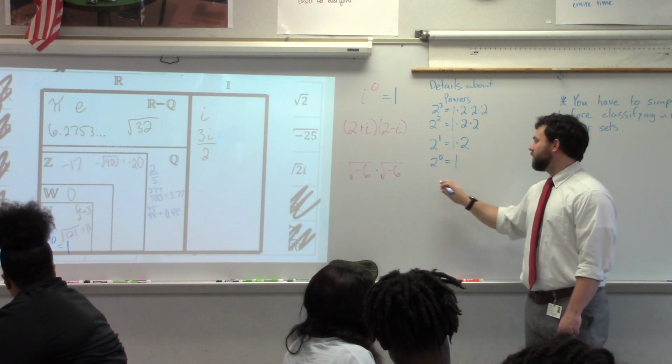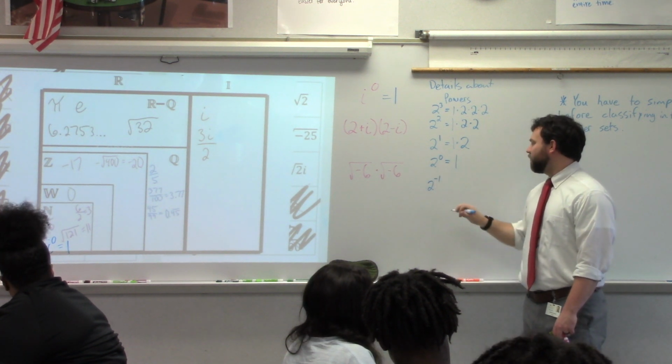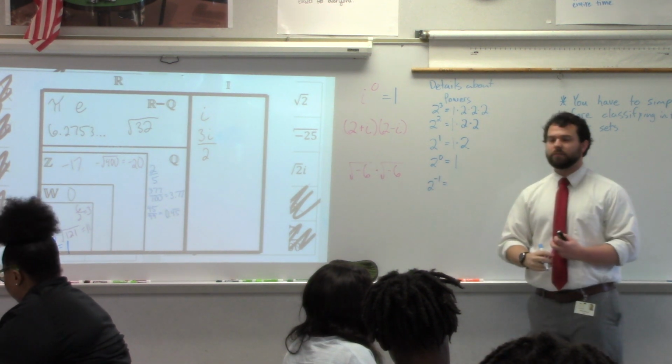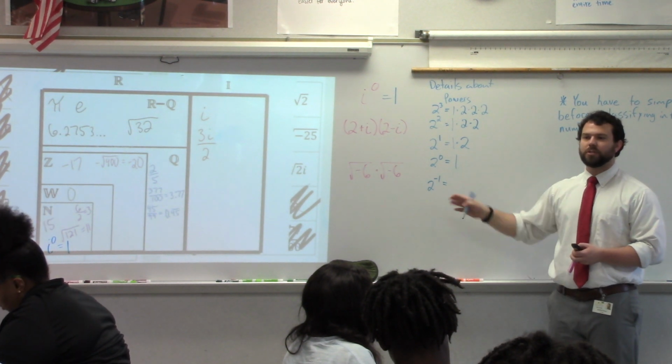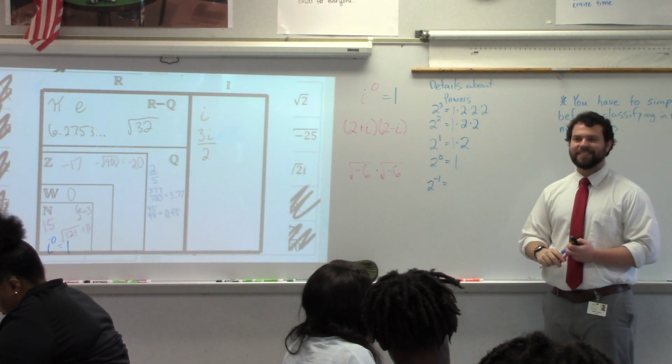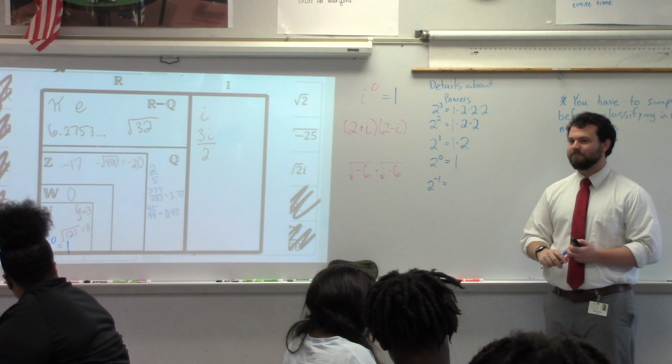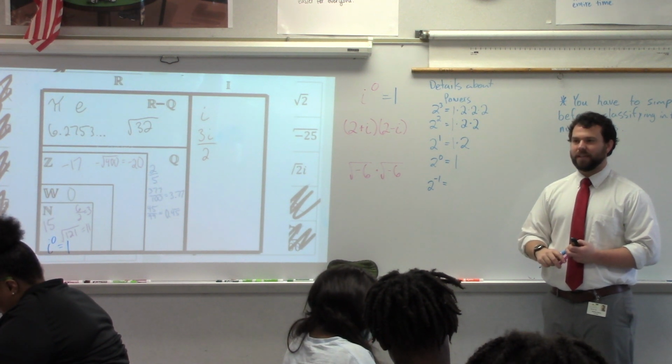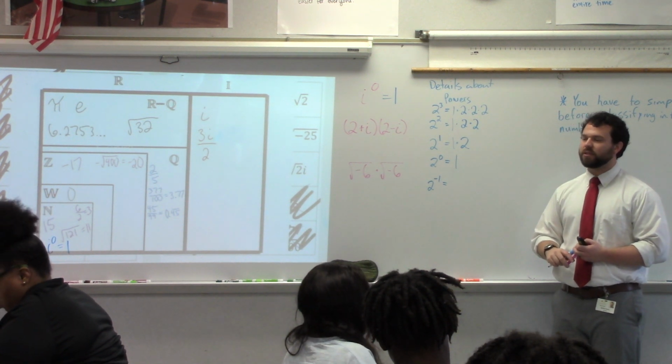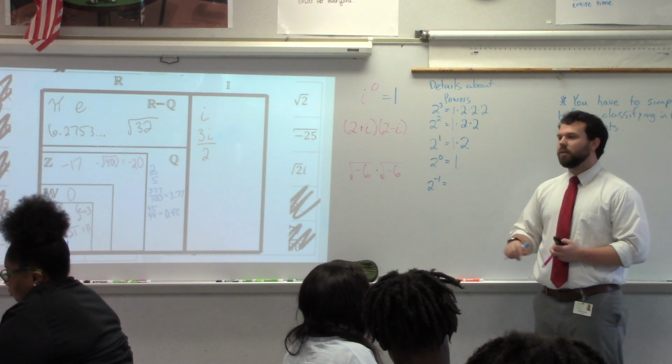This also explains why 2 to the negative 1, does anyone remember what that is? We have talked about this. We did it when we did linear and exponential functions. It's 1/2.